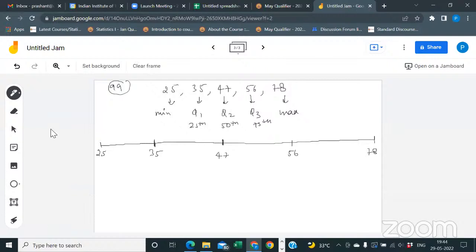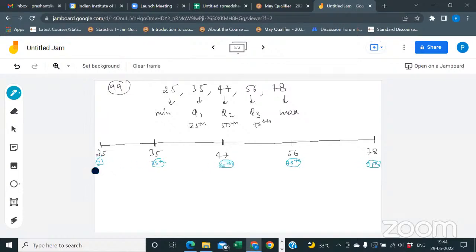So this is your first observation, this is your 25th observation, this is the 50th, this is the 75th, and this is the 99th observation.